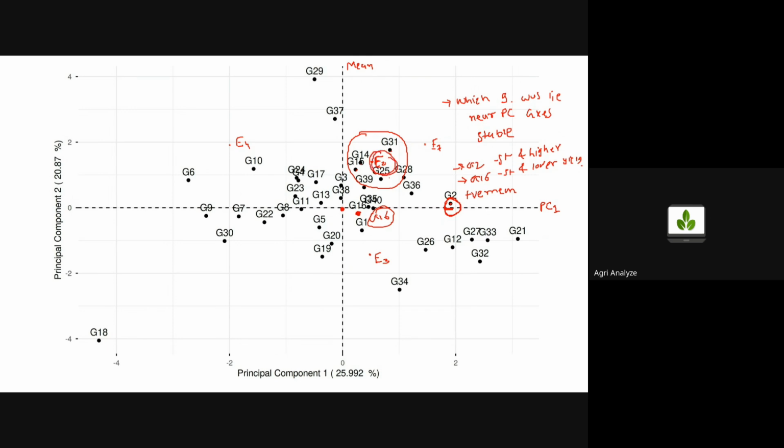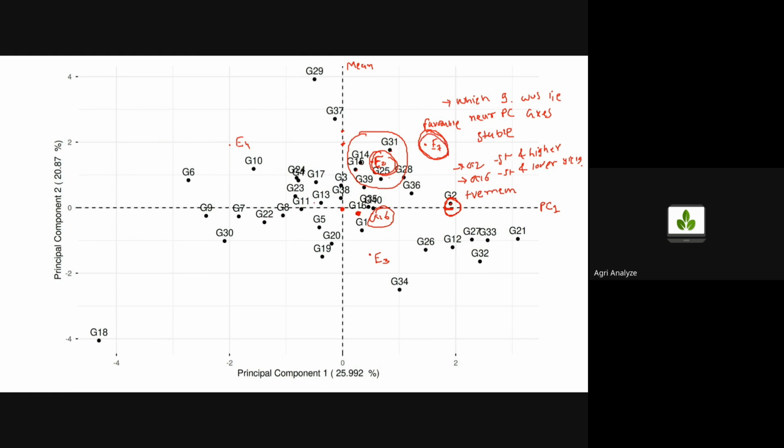Here E7 has higher yielder genotypes. So this genotype is known as a favorable genotype, because this environment has the higher PC value and also higher mean value.